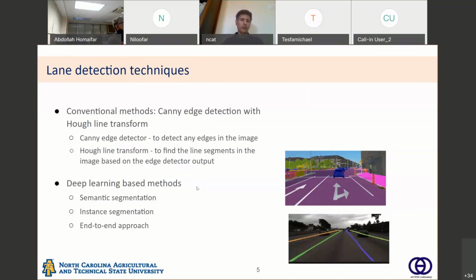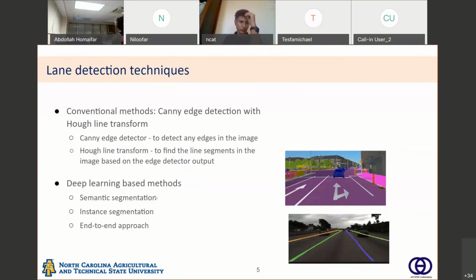So by combining these line segments, it's possible to find the lane boundaries.